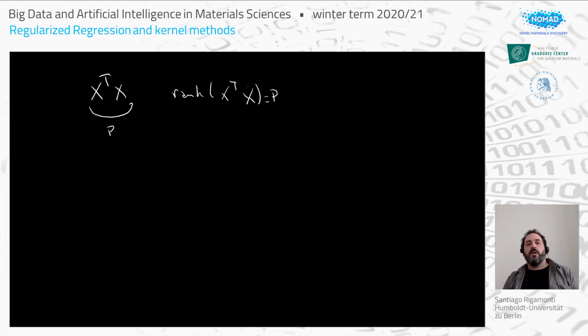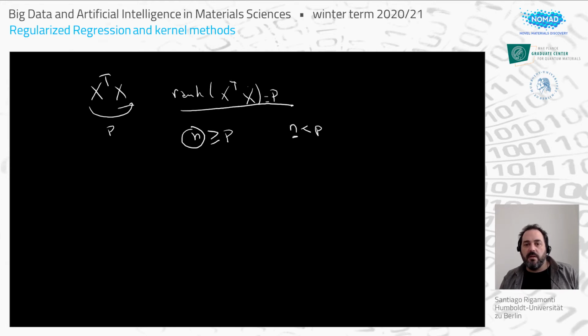But this can only be obtained if n is larger or equal to p. Whenever n is smaller than p, then the rank of the matrix X itself will be n or less, and we cannot have the rank of the matrix xtx equal to p.